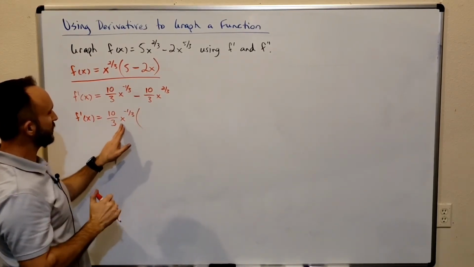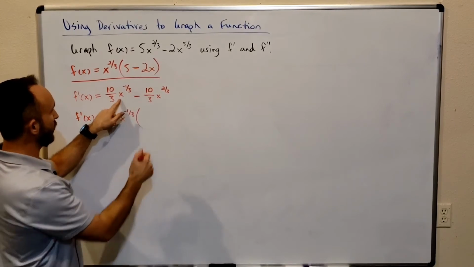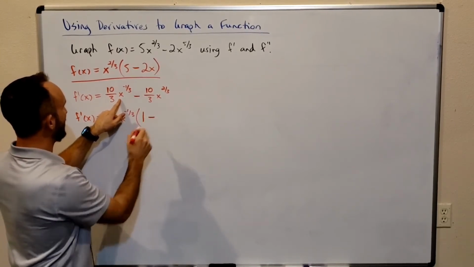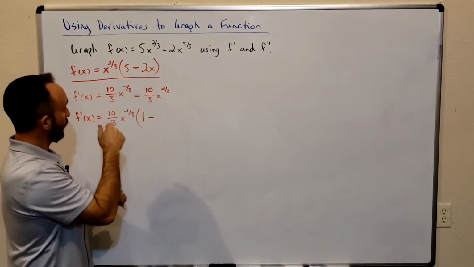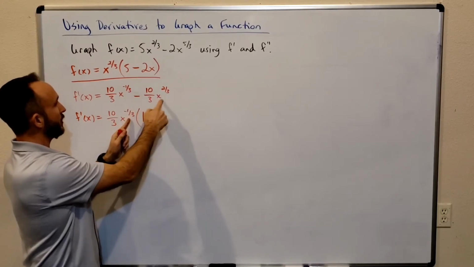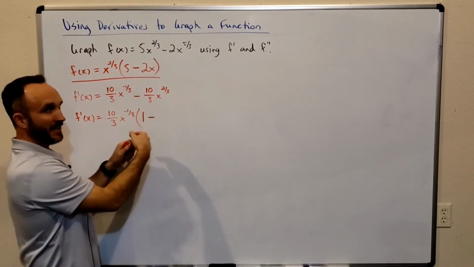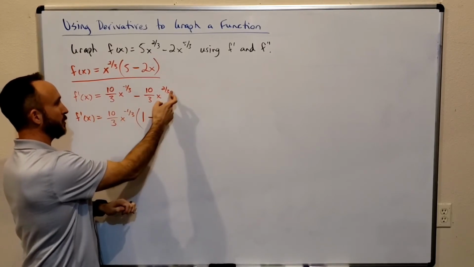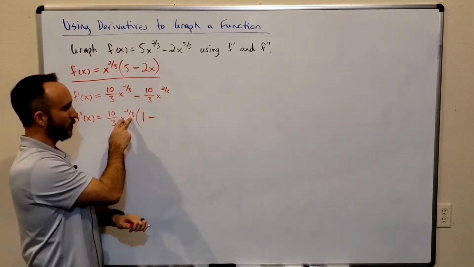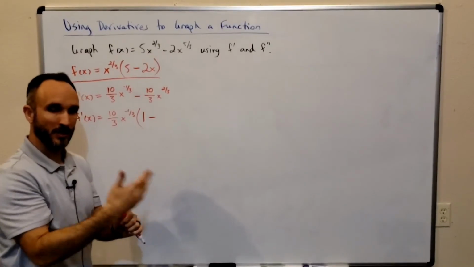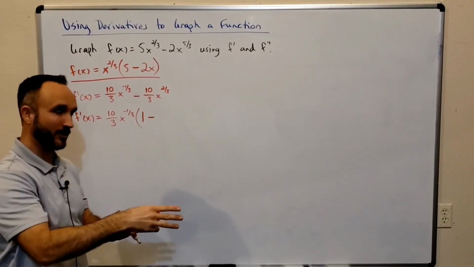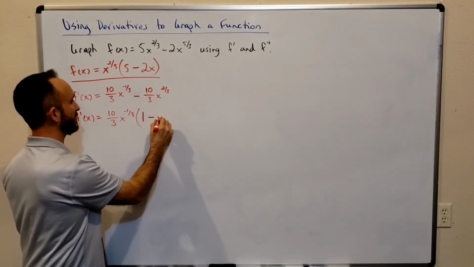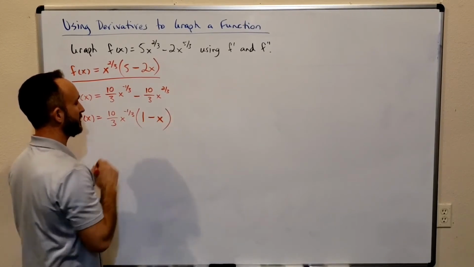When we pull out 10/3 x to the negative 1/3, it's going to leave a 1 here, minus, when we pull x to the negative 1/3 out of x to the 2/3, we're dividing. And when you divide, you subtract exponents. So 2/3 minus negative 1/3 is 2/3 plus 1/3, which is 3/3. So we're just left with an x to the 3/3, or x to the first, here.